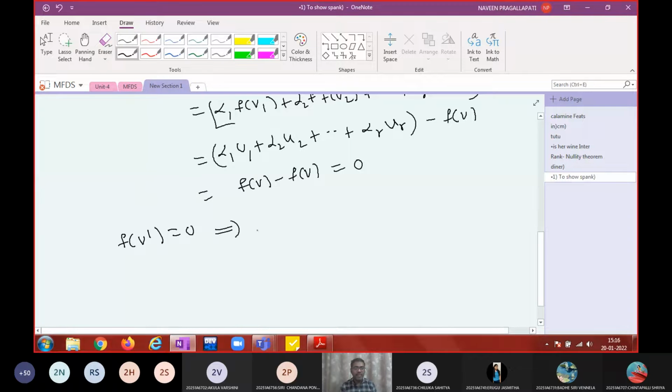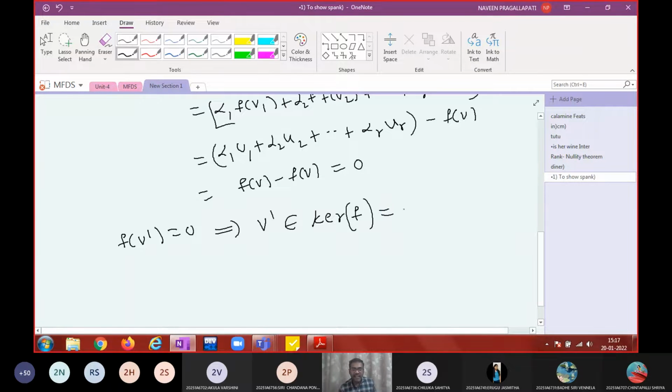So what you are getting is f of v dash is going to be 0. So v dash belongs to where? Whenever an element is mapped to 0, that element belongs to what set? The set of elements which are mapped to the null element belong to what space? Null space. That means v dash is an element of kernel f.